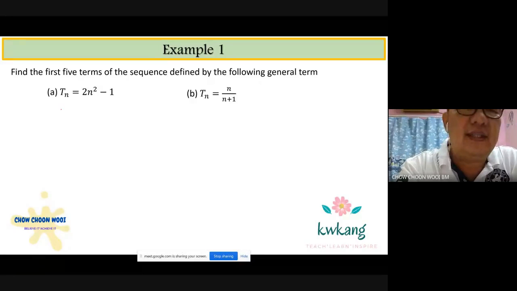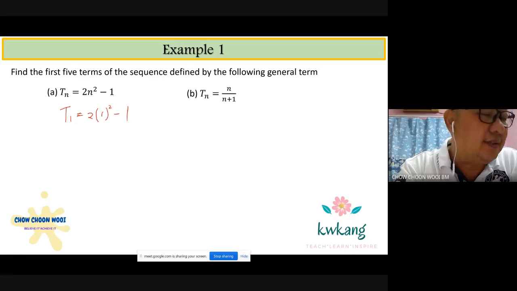So to find first term, so is T1. So if n, this one in term of n, untuk siapa yang lemah, tolong tengok dan take notes lah. Okay, T1, it is 2. Okay, n itu we replace it by 1. Is it okay? Then you calculate lah, use your calculator.